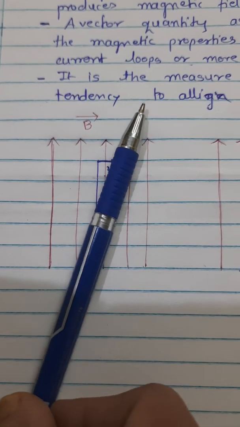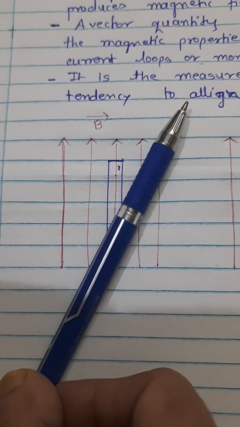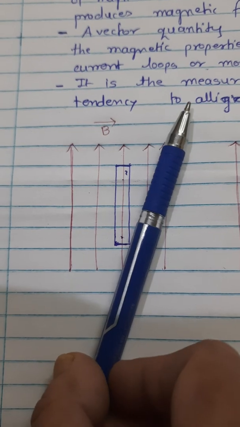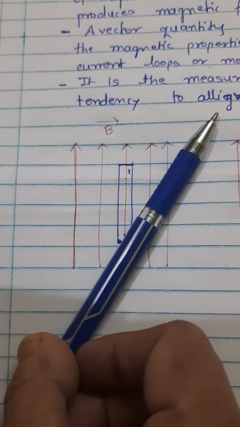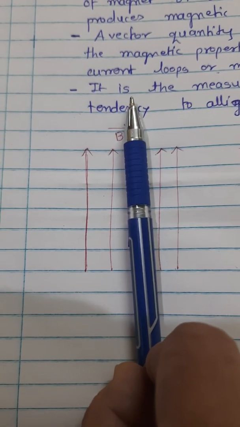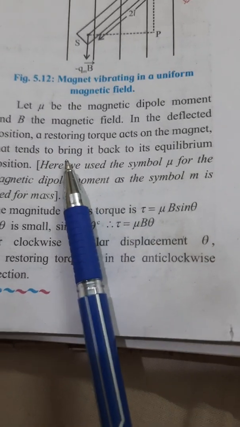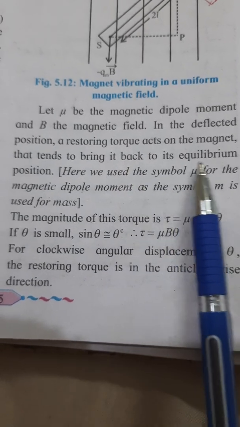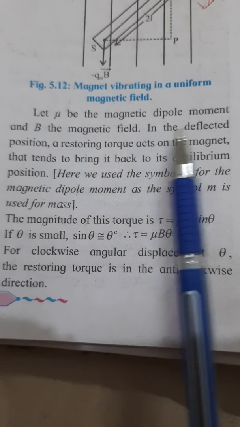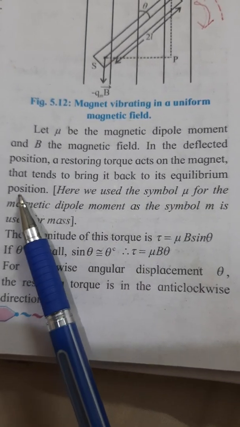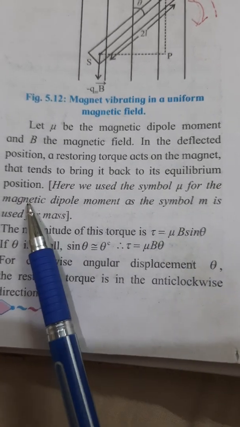We have displaced it slightly, giving it angular displacement theta. As soon as we release it, that restoring torque brings the magnet back to its equilibrium position.